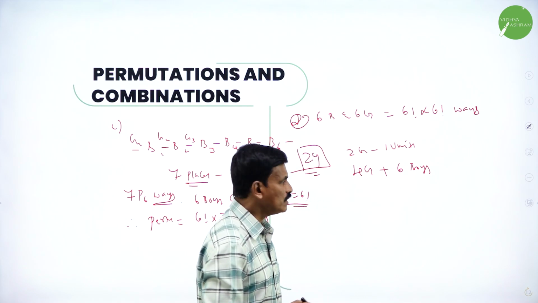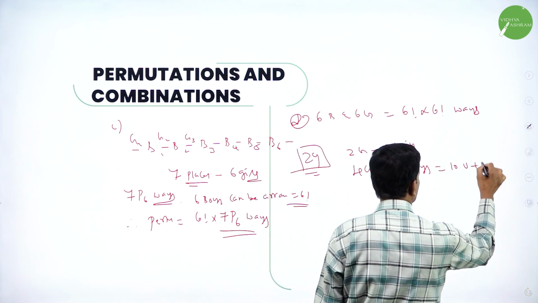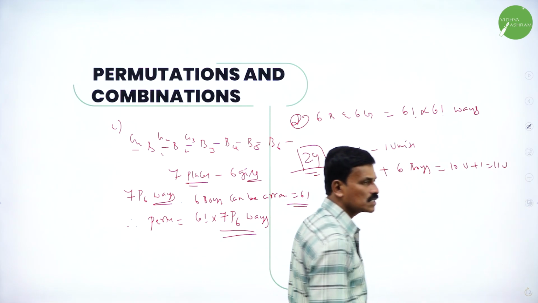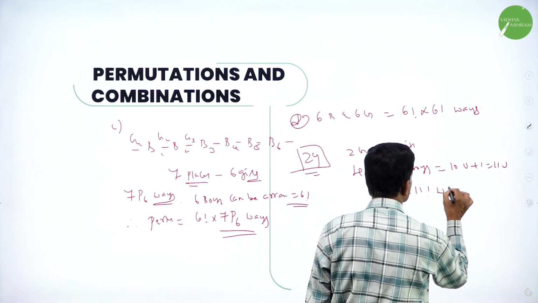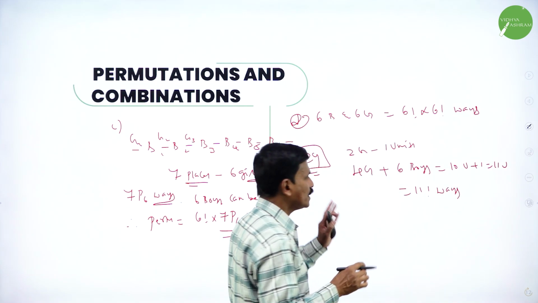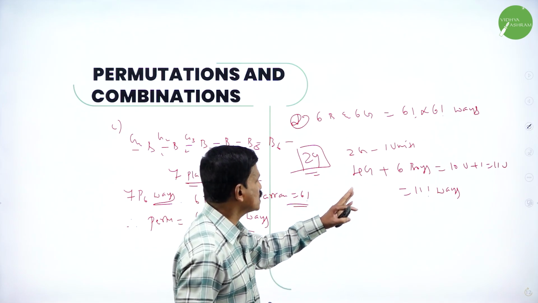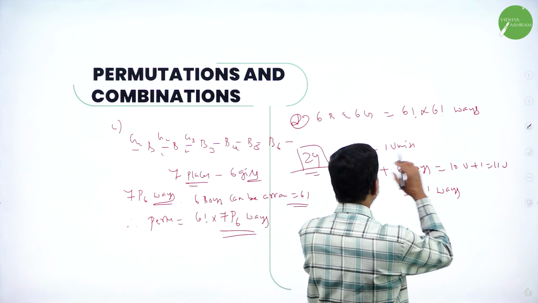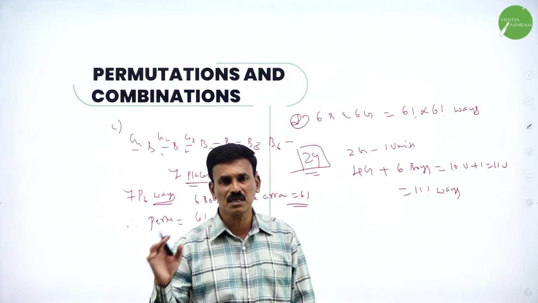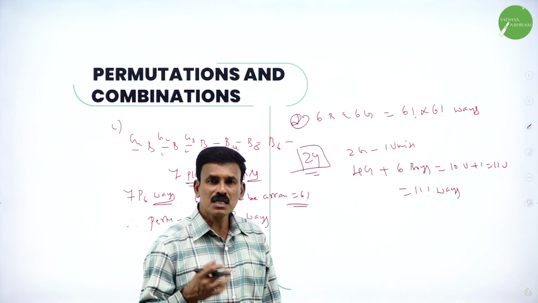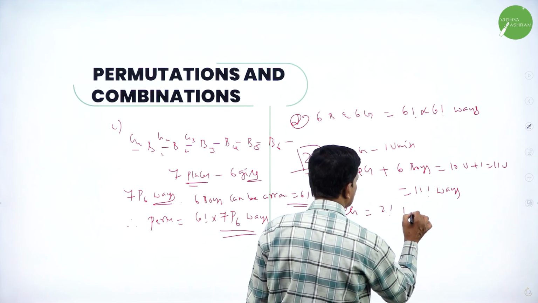That is 10 units plus 1, equal to 11 units. So this can be arranged in 11 factorial ways. Also the 2 girls can be arranged in 2 factorial ways.